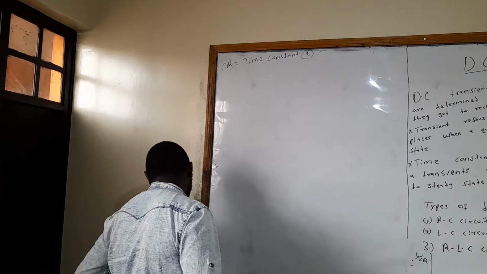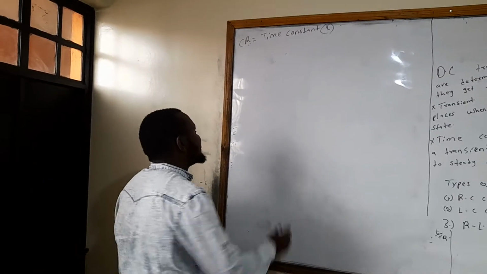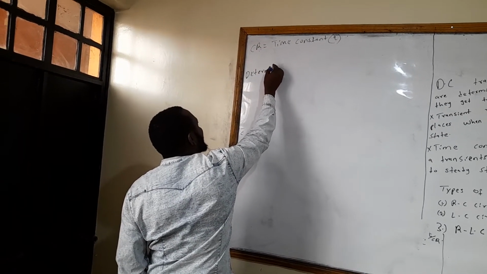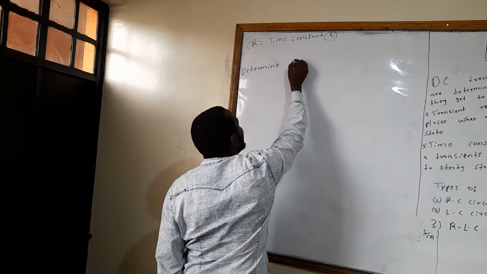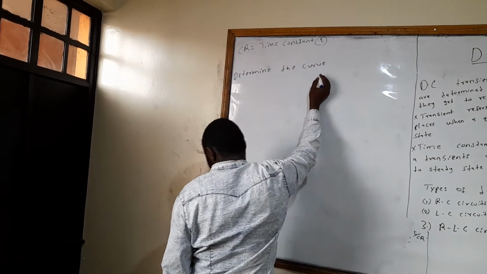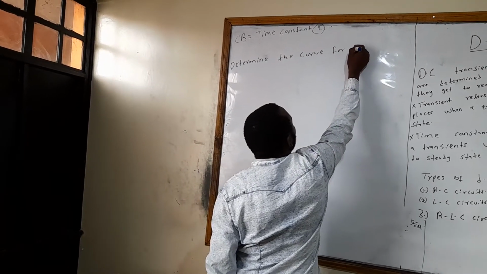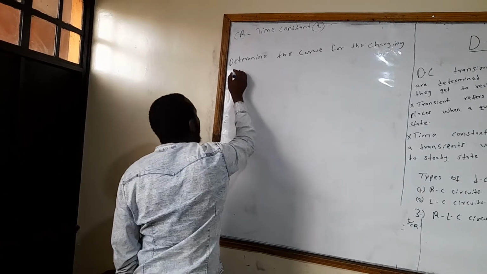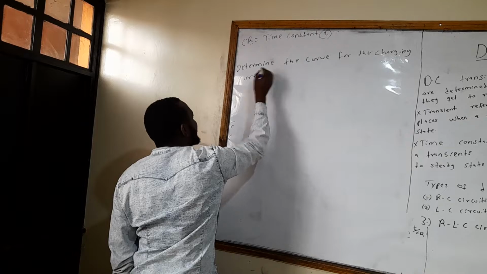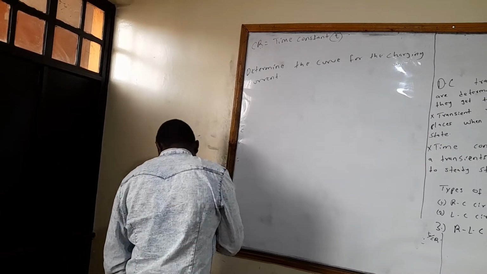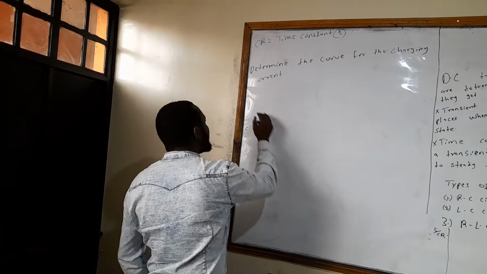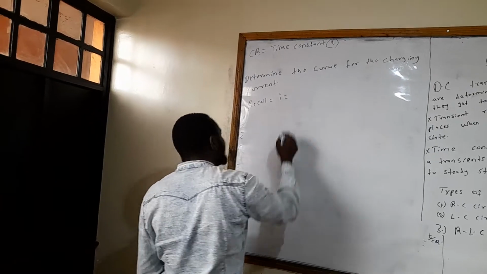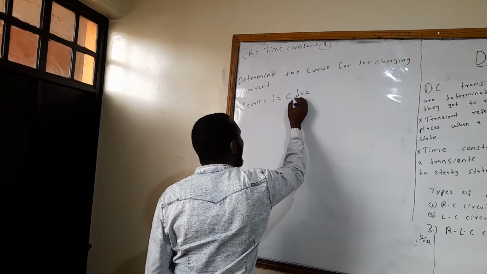Now, let us determine the curve for the charging current. Therefore, you can recall that I is equal to C dVc divided by dt.